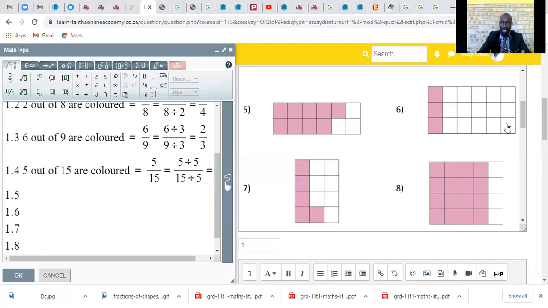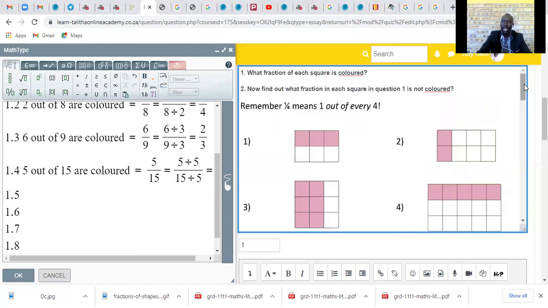Then you want to transfer that into a fractional notation, and that will give you 3 out of 18. You can go ahead to simplify that. Well, that is how we would write these squares as a fraction of the colored ones.